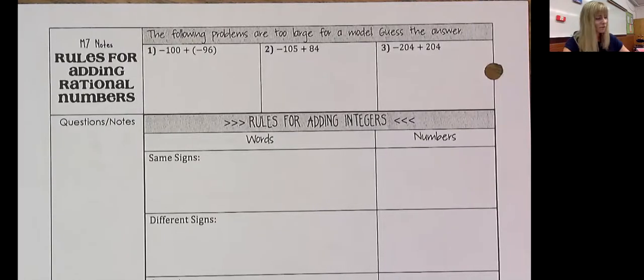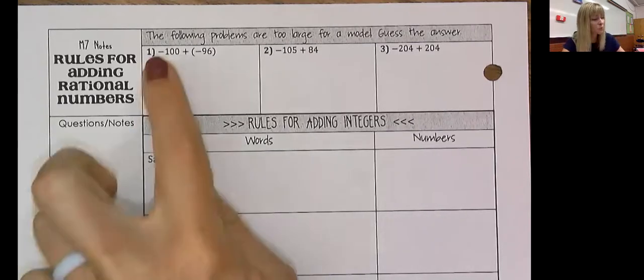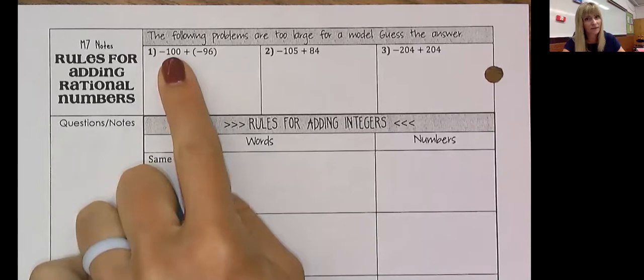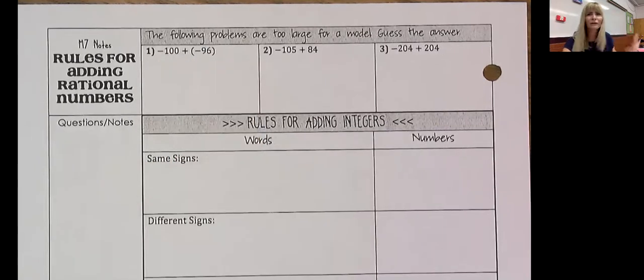So let's just think through. It says guess the answer. Well, when I can't draw the tiles or I can't draw the number line, I still can absolutely picture it in my mind. If I drew 100 negative tiles and I drew 96 more negative tiles, what am I looking at there in front of me? Well, I'm looking at a whole bunch of negative tiles, right?